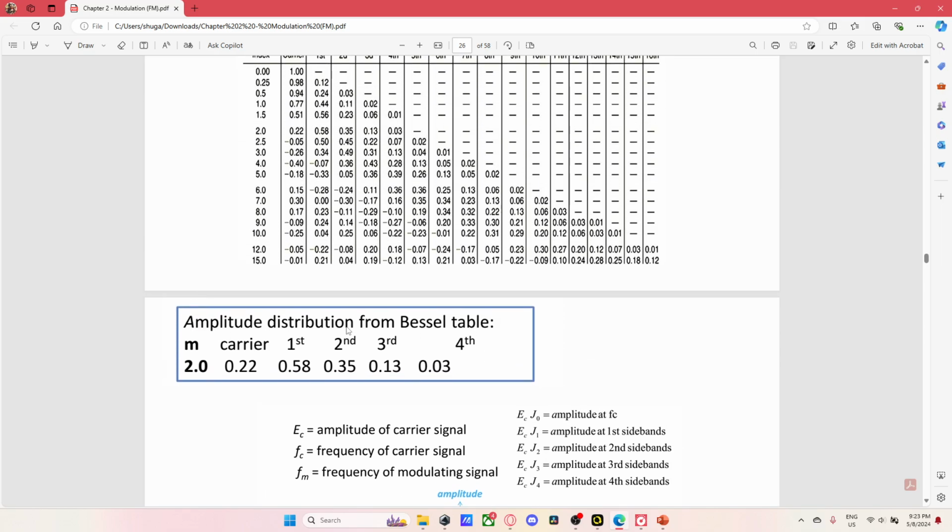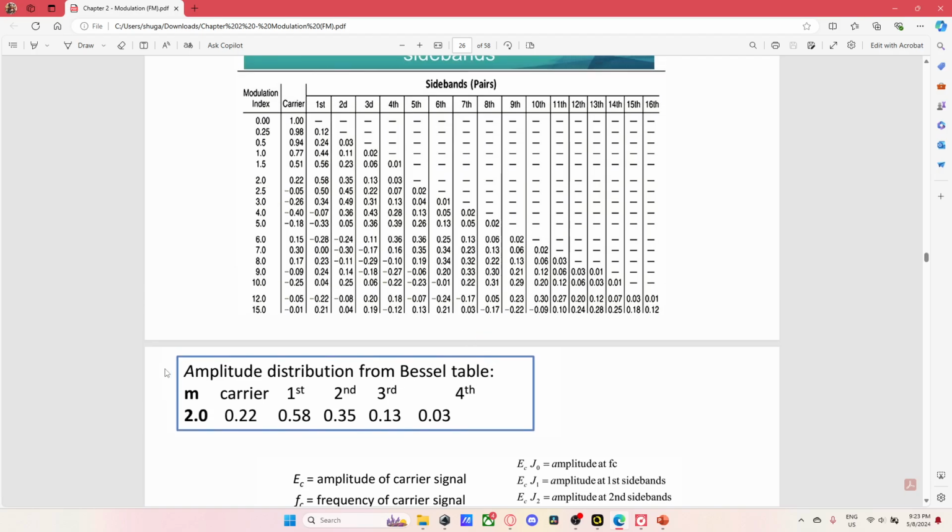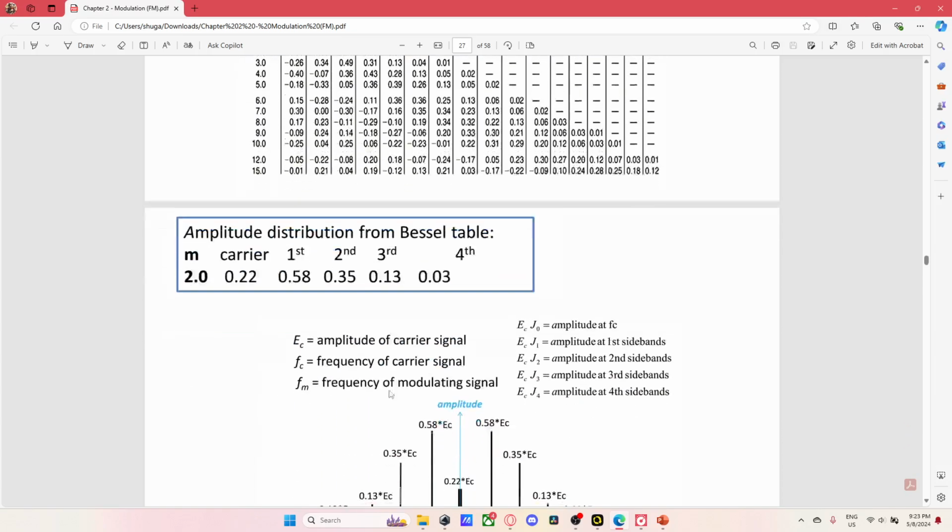The amplitude distribution from the Bessel table: when your m is 2, the value in that row is 0.22 for your carrier. Your first one is 0.58, second is 0.35, third is 0.13, and fourth is 0.03.